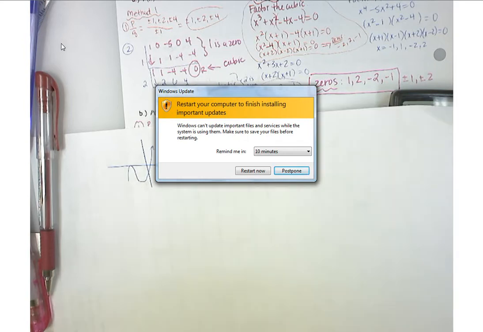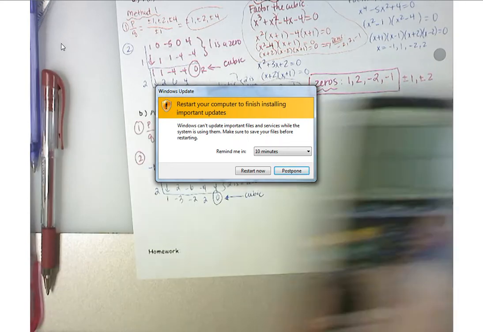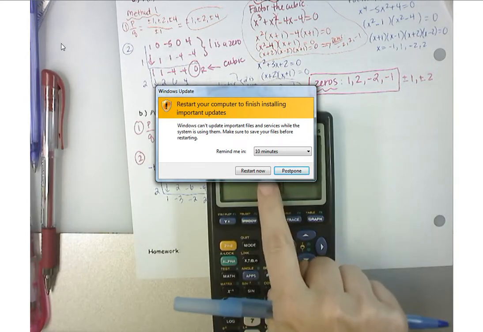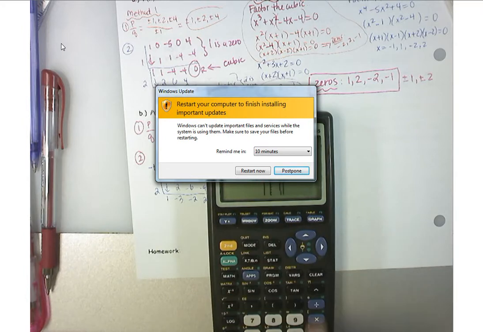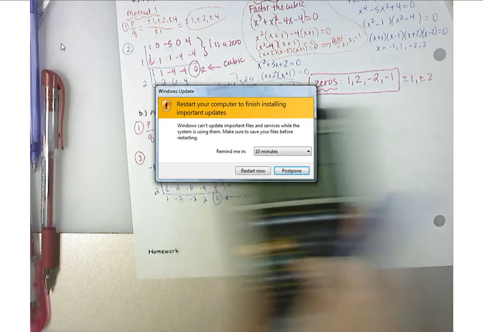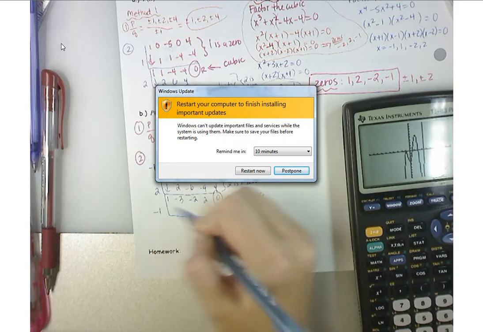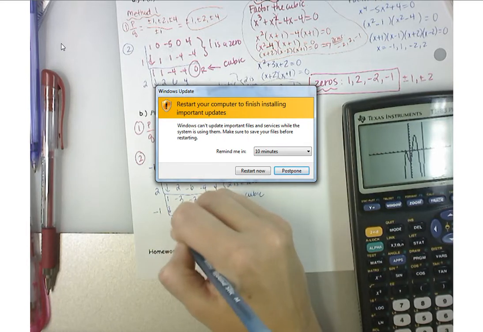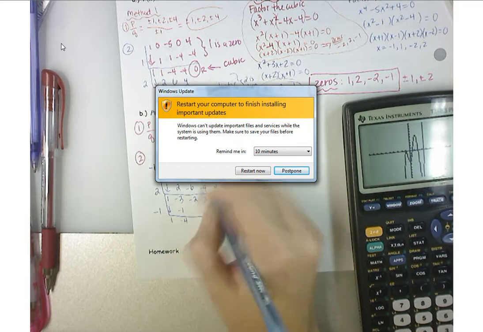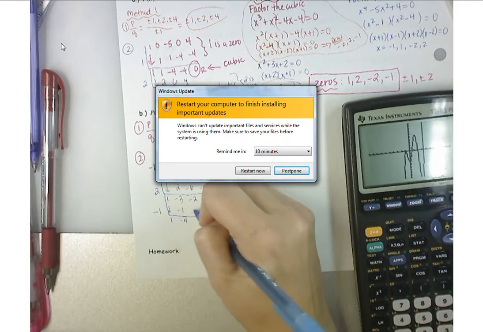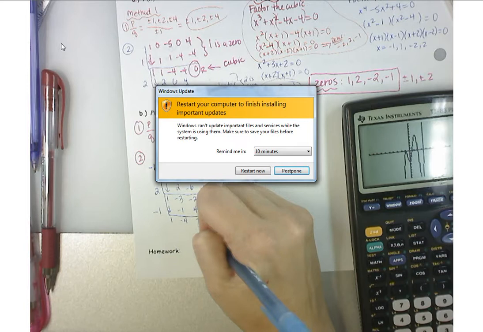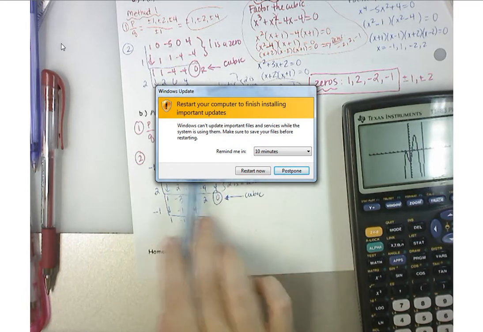Okay? So where is that touchback happening? At -1, which means I'm going to use -1 again because of the multiplicity. Now, if you forget about that, really, you could just test all the possible ones again.